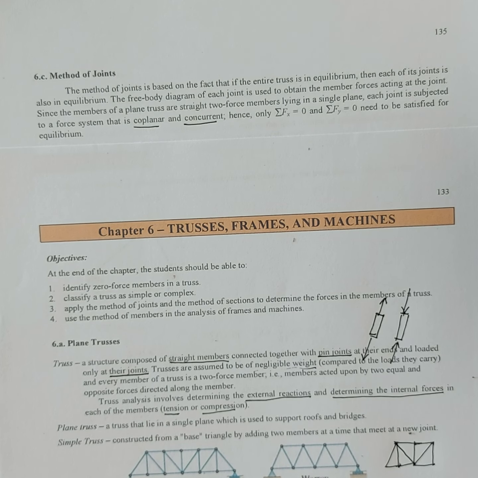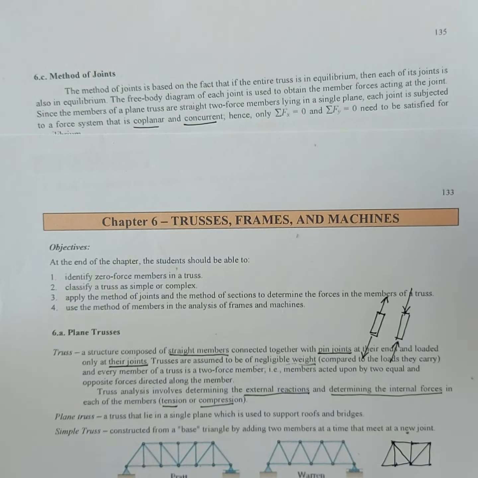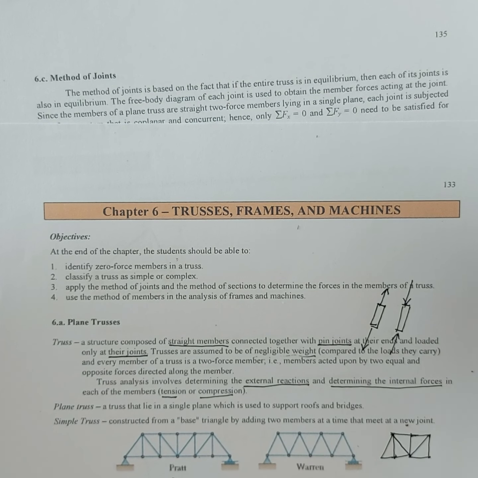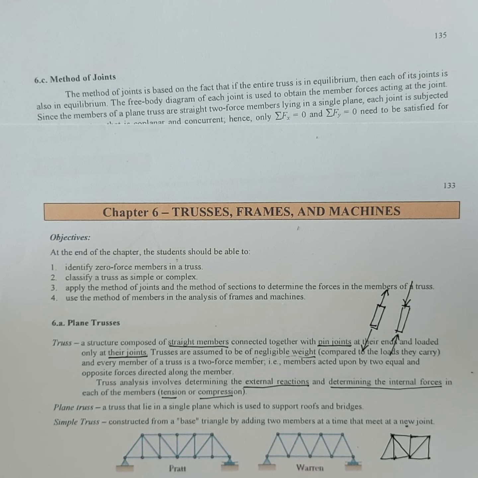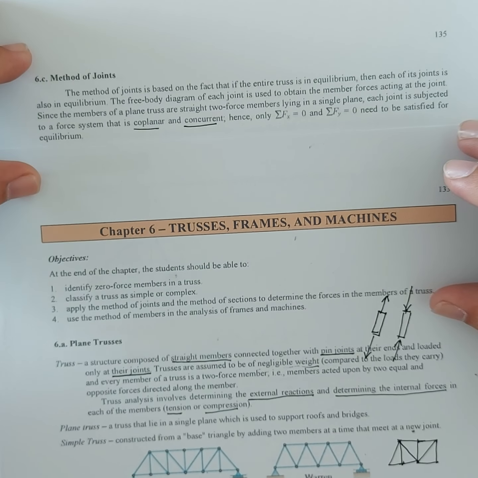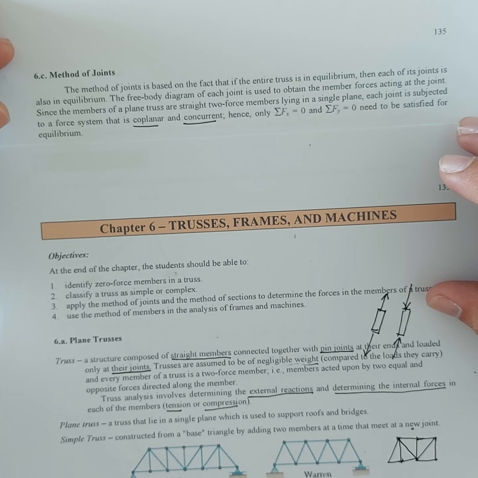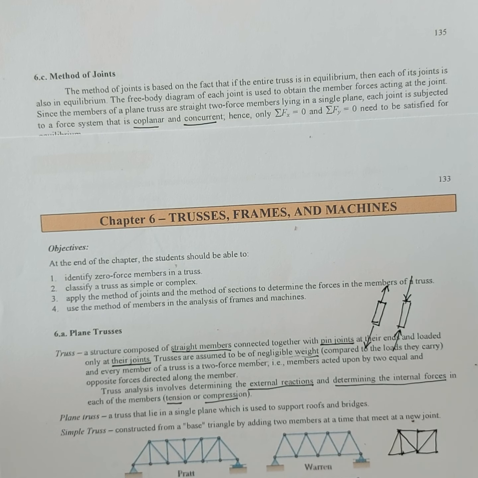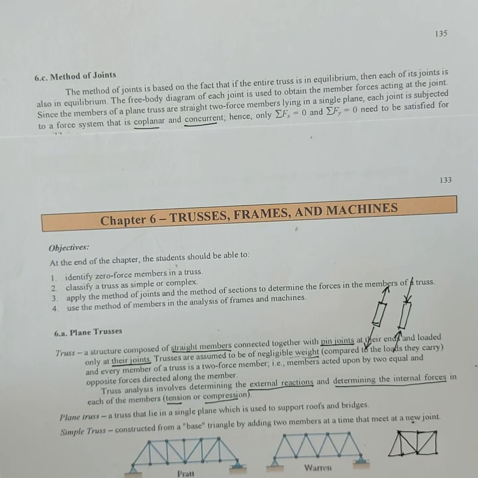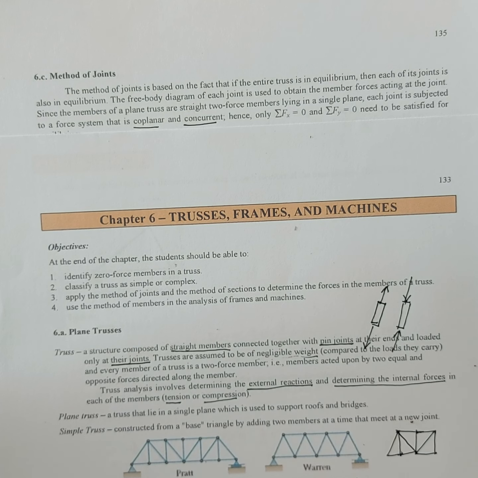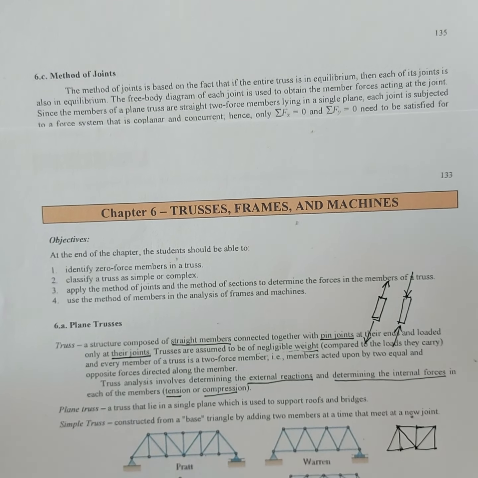We start at a certain joint, then we go to all the joints to analyze and solve the force in each member of the truss. Okay, so let's solve an example of how to analyze trusses using the method of joints.